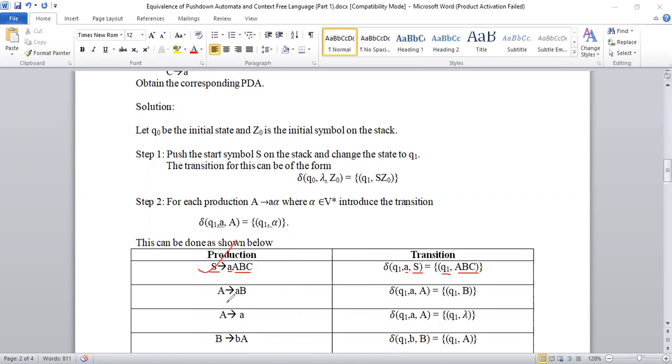Clear? For the next step, the production A to small a B.